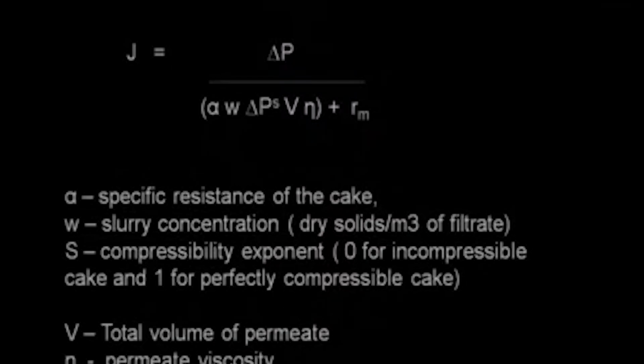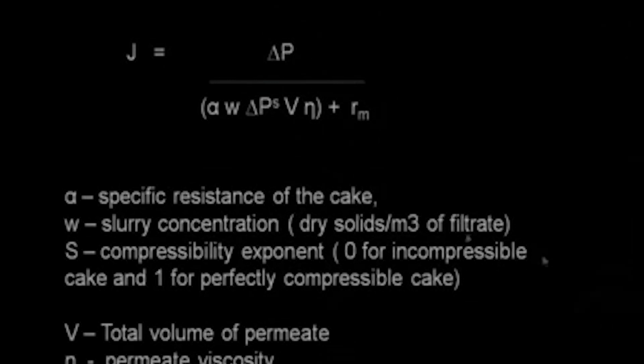This is the standard equation for the flux. You have the driving force because of the delta P, that is the pressure, and then if it is a compressible material, if you remember the very early class where we talked about compressible solids and incompressible solids, we have an equation like this, delta P raised to the power S, and S we called the compressibility exponent.